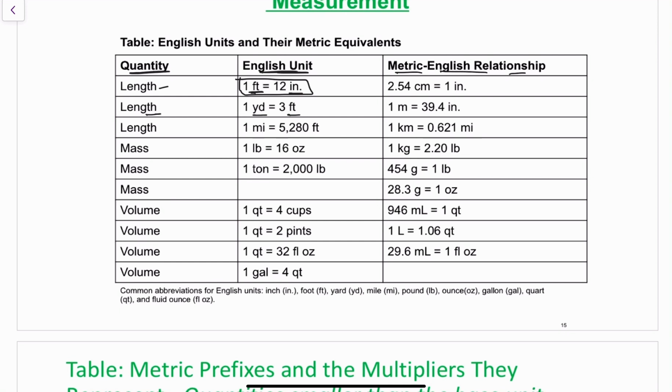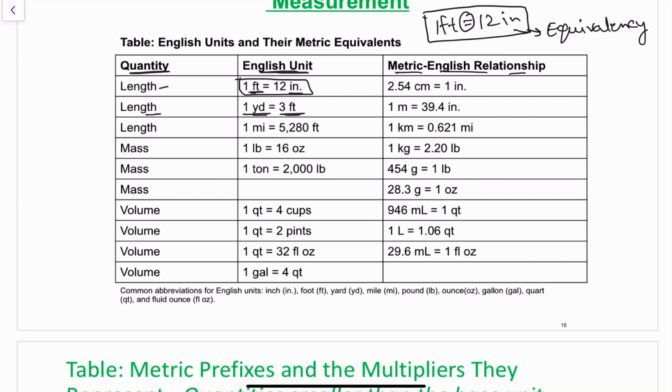And this equal sign, like 1 foot equals 12 inches, this relationship we call equivalency. Right? This equivalency tells us how much the measurement in one unit is in the second unit. 1 foot equals 12 inches. Similarly, 1 yard equals 3 feet, right?